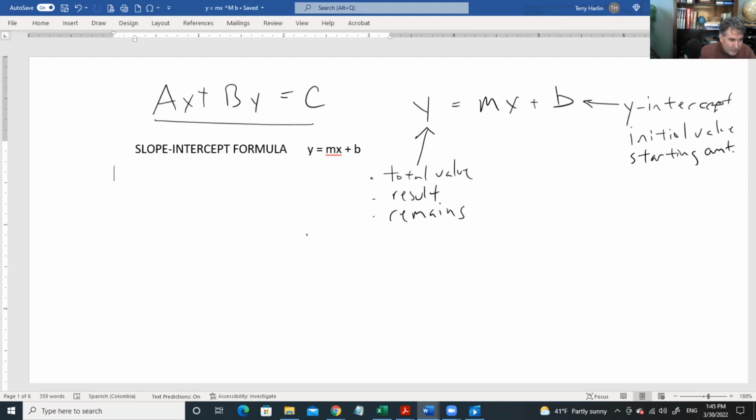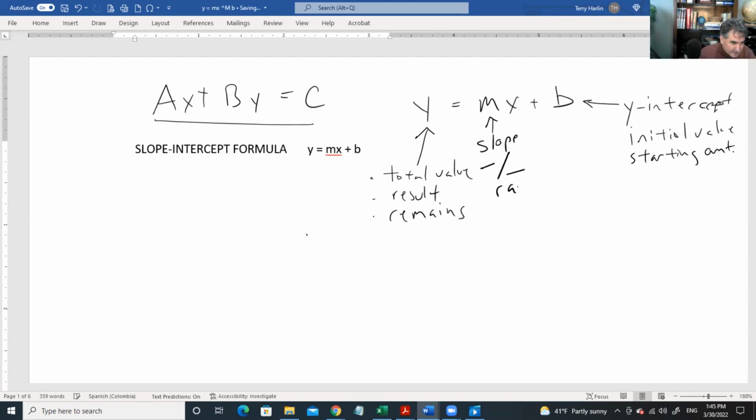Now, the rest of what I pay in terms of mileage is going to depend on how far I go and the rate. So let's talk about what we have here. We've got our rate, which is the slope. M is the slope, and it is our rate. It is something per something.